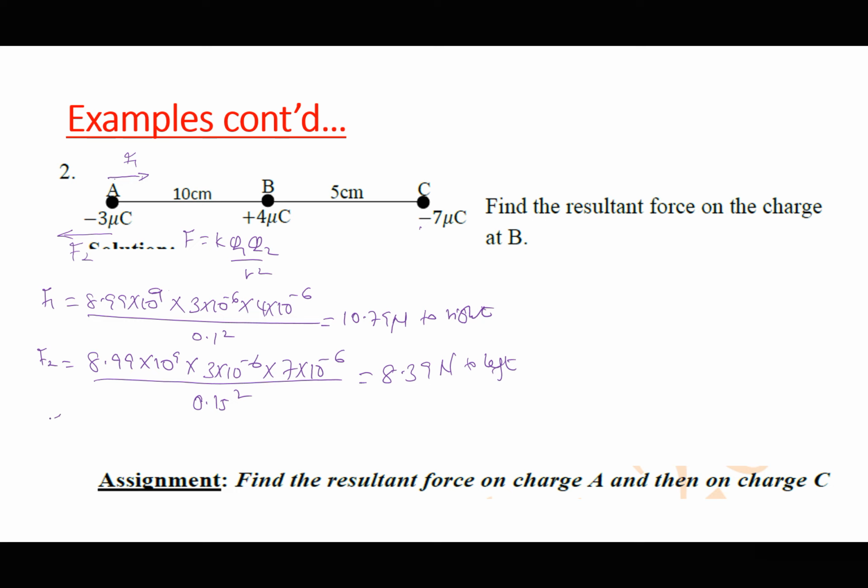So the resultant force on A, I'll call it FA, is going to be 10.79 newtons minus 8.39.